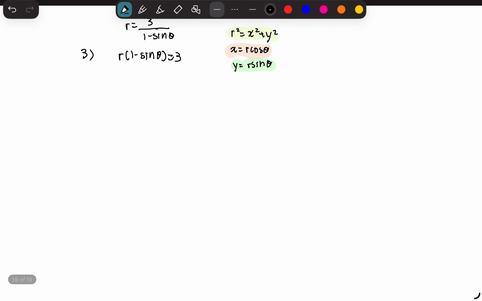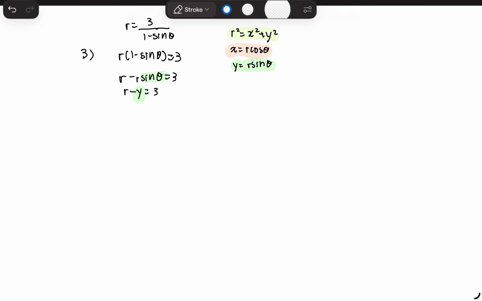So this is going to be r minus r sine of theta is equal to 3. So before this, we have r minus y is equal to 3. This was r minus r sine of theta is equal to 3. So this would have been here. You had sine theta and you replace that with y.